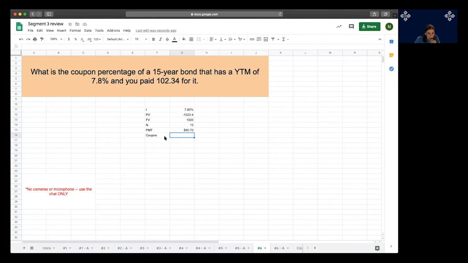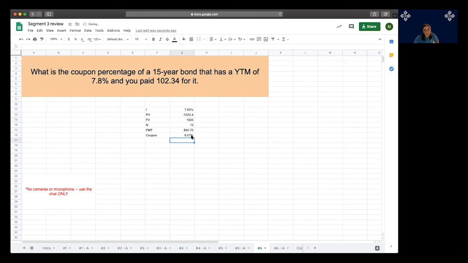As you know, to get a payment you multiply your coupon by 1,000, so we're going to do the opposite. We take our payment and divide it by 1,000, and change it to a percentage. Oh wait, what happened? This is wrong, it has to be 1,000.